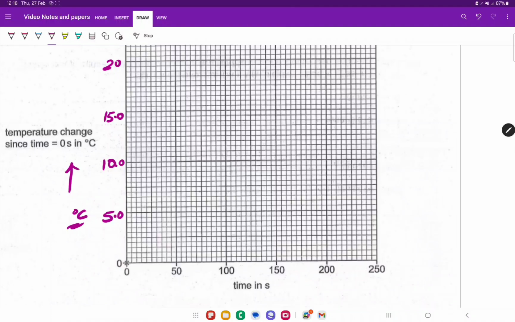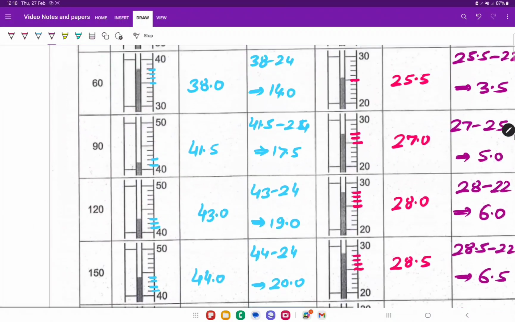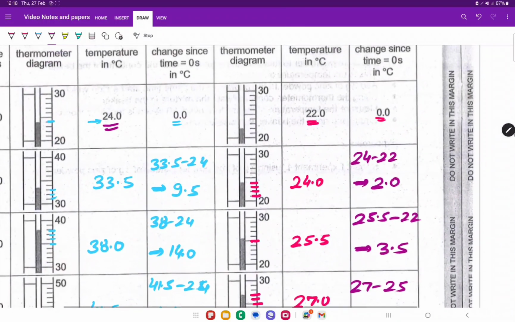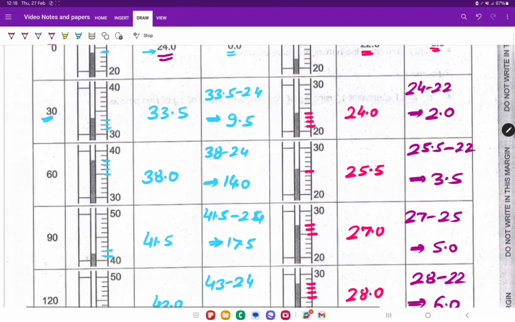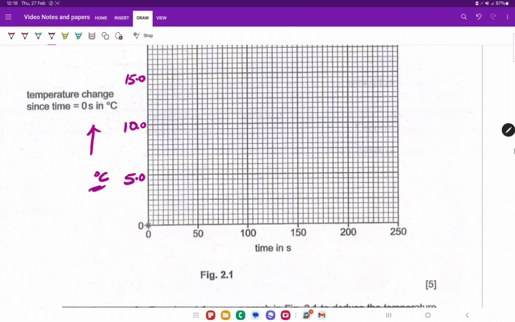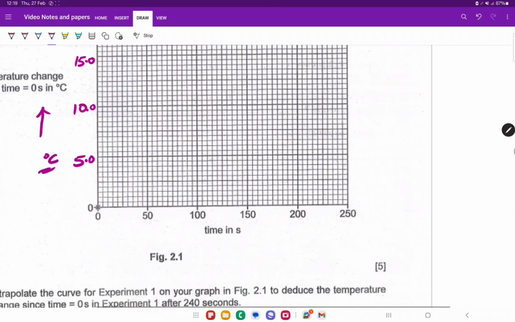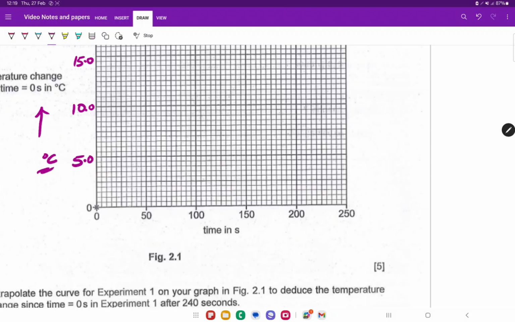The first data which we have to plot is at time 0, already done. At time 30 seconds, the difference is 9.5, so I have to plot 9.5. Now 30 is half of this 25, and one line is of 5, so this is my 30.